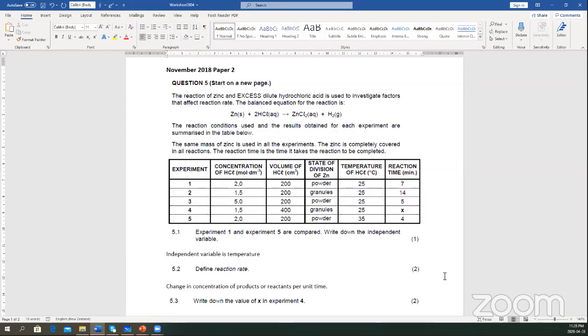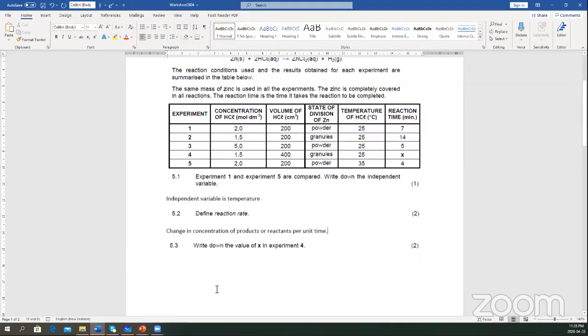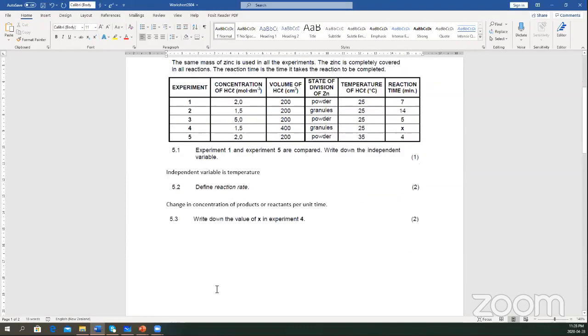It is very important to say per unit time and to mention that it is the concentration that is changing. You can also say that it could be the mass or something like that, but then you have to be specifically referring to what is happening in your experiment. But normally just stick to the proper definition.